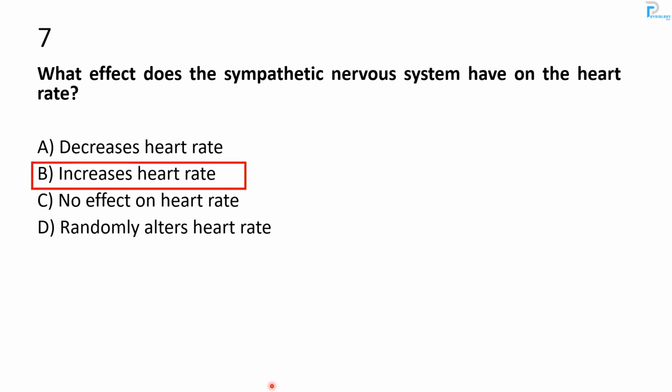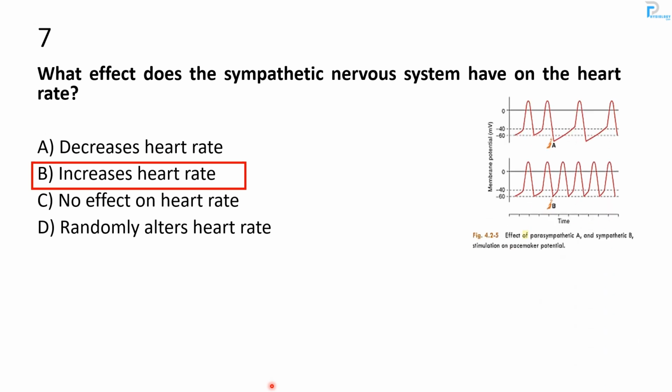If I asked you how does sympathetic do so, remember to talk about the pacemaker action potential. So if we look here, we see the pacemaker action potential. That is the action potential in the SA node. In the SA node action potential, we see what is known as pacemaker potential.